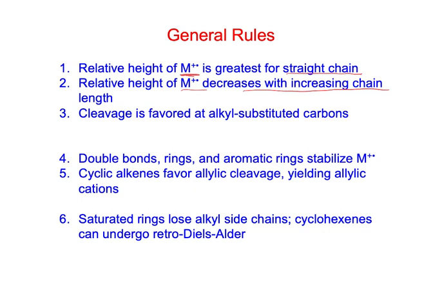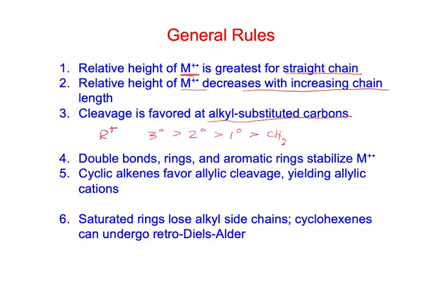Cleavage is favored at alkyl substituted carbons, and this is basically following the stability of the carbocations. So a tertiary position should be more stable than secondary, more than primary, more than methyl.